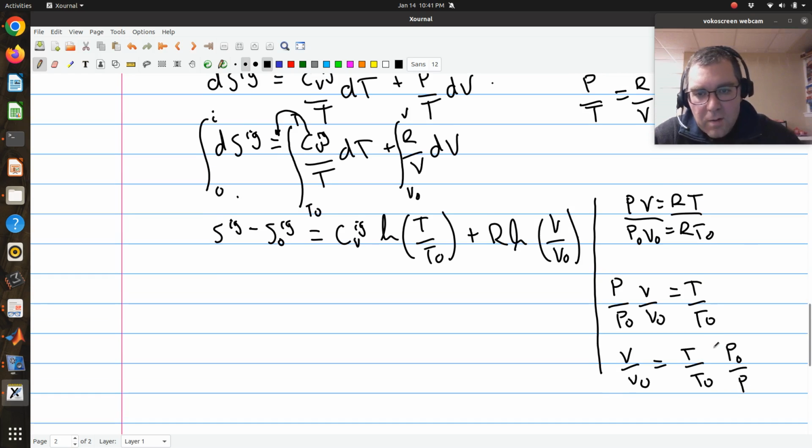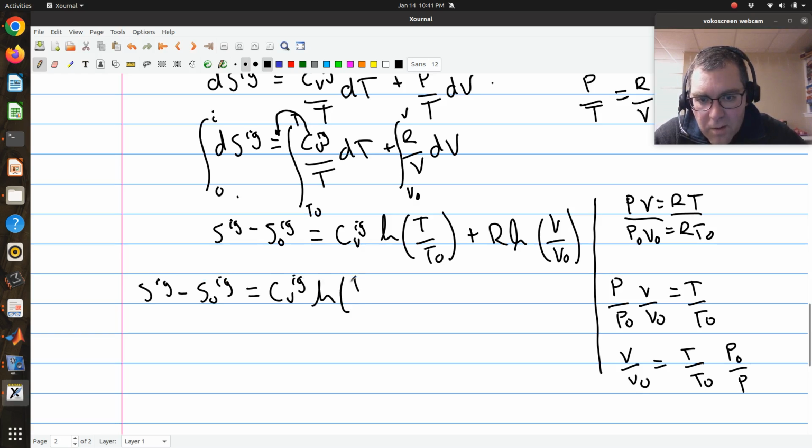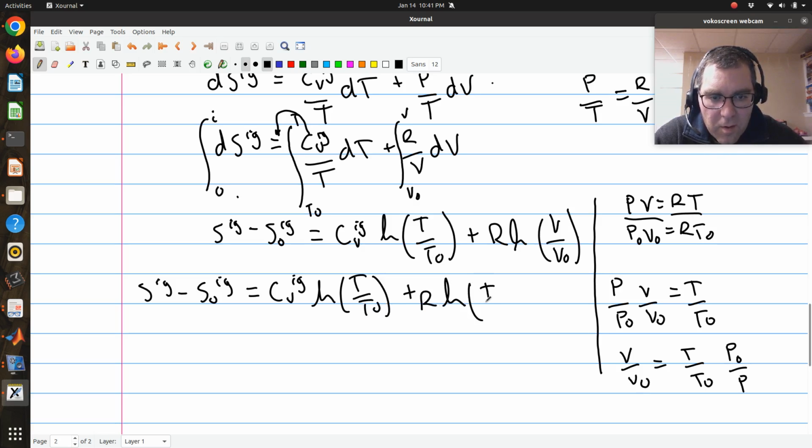So in terms of simplifying, S ideal gas minus S naught ideal gas is equal to Cv ideal gas log T over T naught plus R log T over T naught times P naught over P. I play with my log rules.